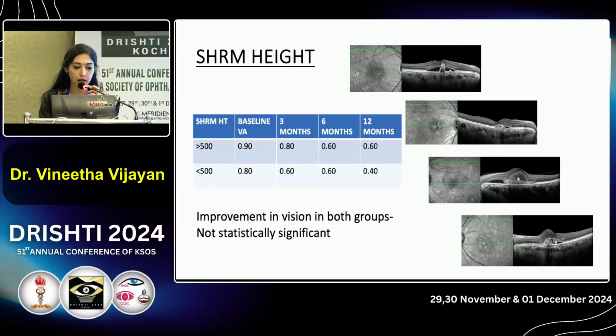A subgroup analysis was done, and based on this, we divided the patients of SHRM based on the height, greater than 500 micrometers and less than 500 micrometers. Improvement in vision was seen in both groups from baseline to 12 months post injection, which was however not statistically significant.